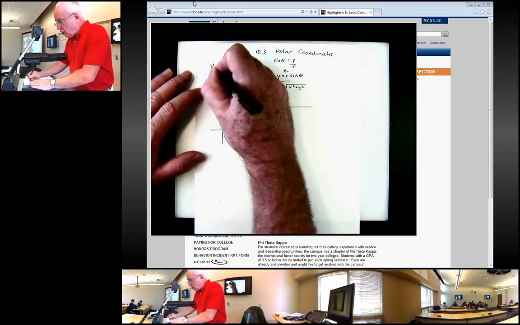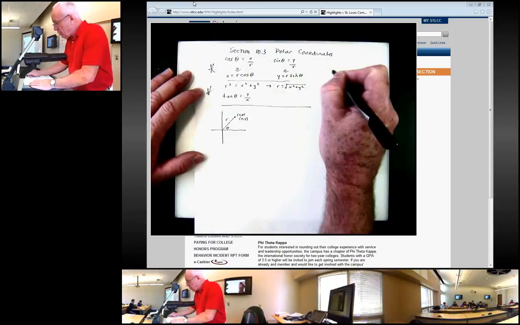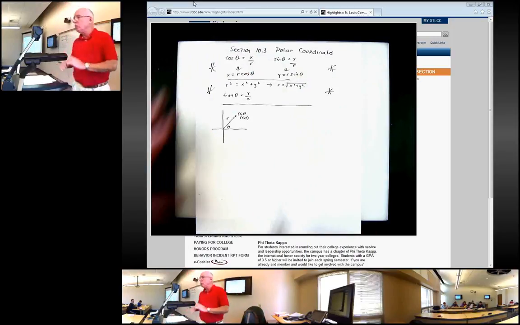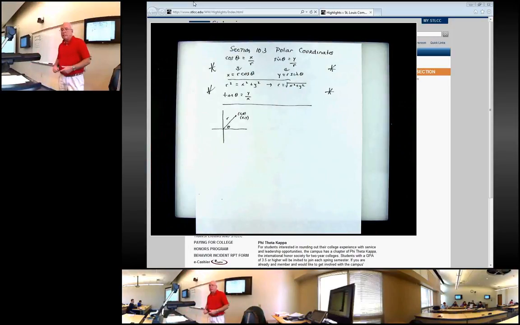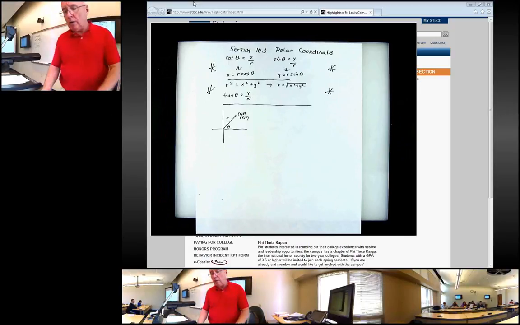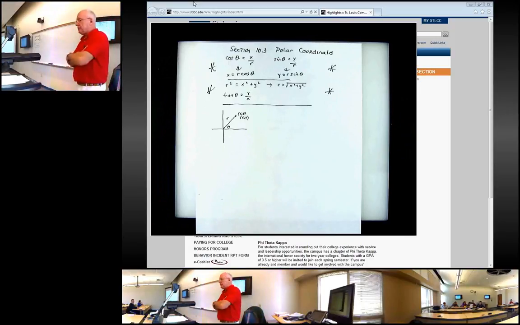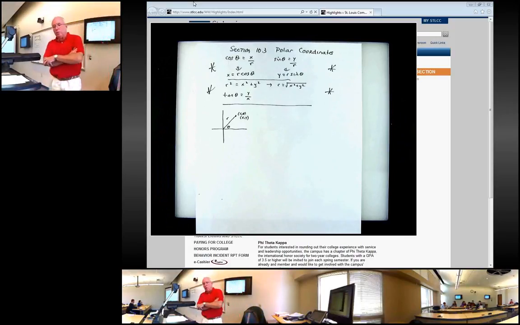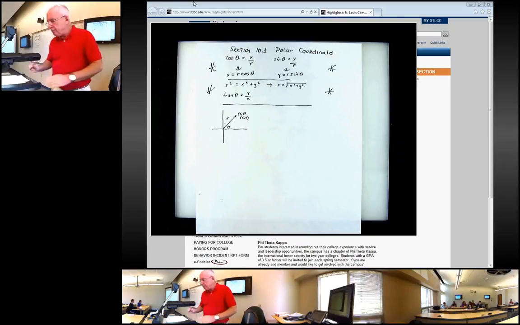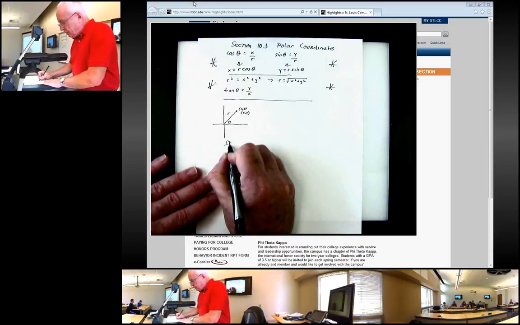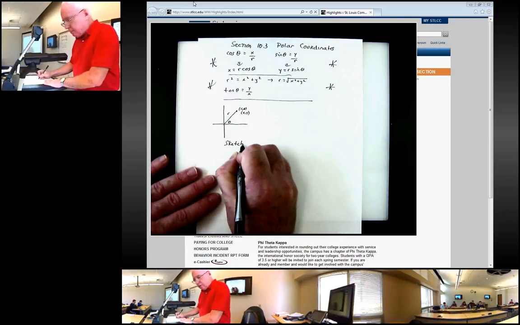So these are all equations or identities that you need to have at your fingertips. So what we're going to do next here is we're going to do a couple of sketchings of curves here.